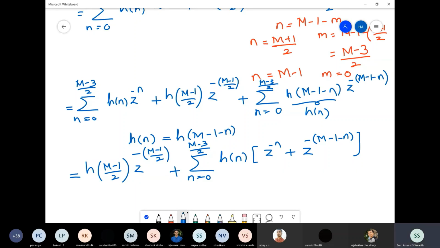So that is your expression for H of z that we have obtained when h of n is symmetric and it is odd.